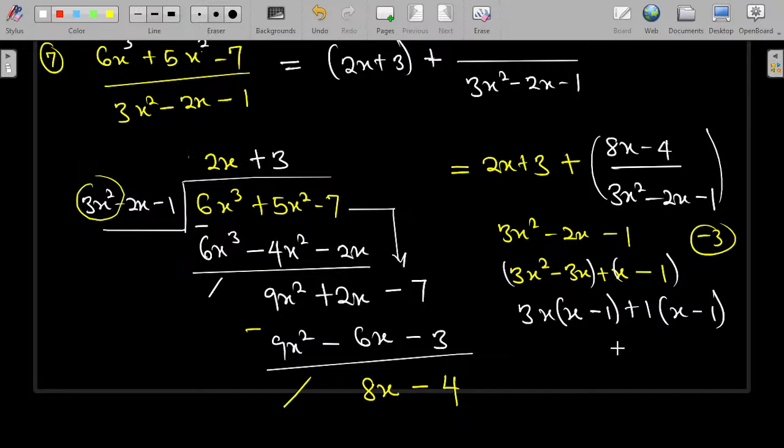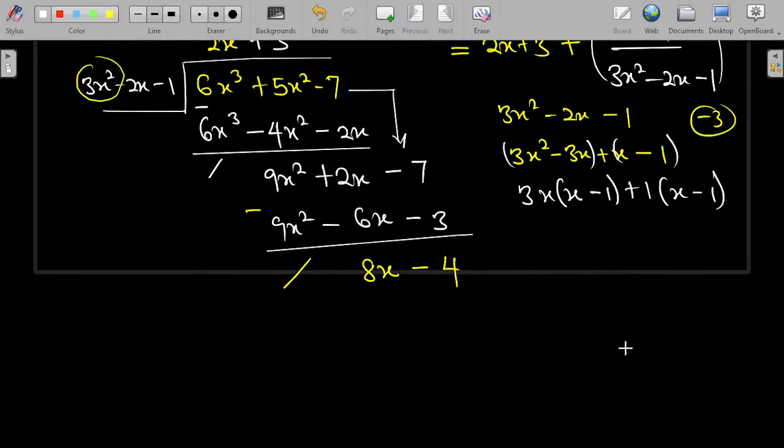Remember we said that how you will know that your factorization is correct is that you will have two common brackets, and that's what we have achieved here. So we now gather the ones outside the bracket, which is 3x plus 1, and then you pick one inside the bracket, which is x minus 1. So these are the two linear factors that we now need.